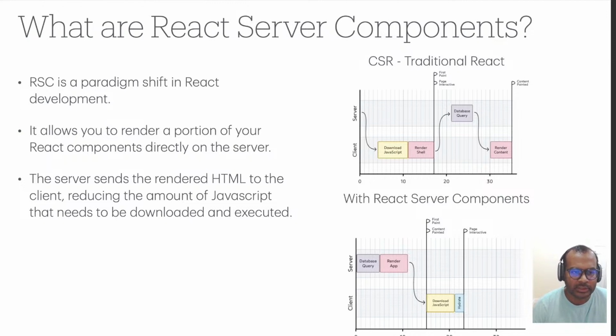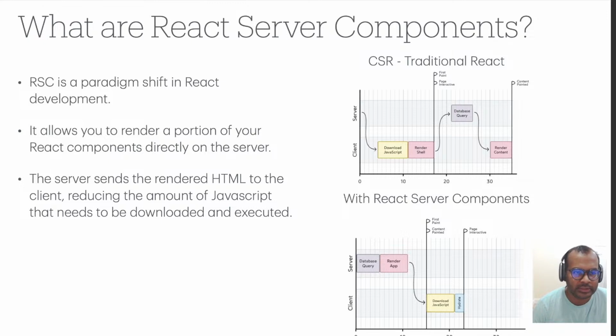While it seems like common sense that if you want to improve the performance of this page, you want to reduce the number of API calls that are being made to the server, React Server Components does exactly that. With React Server Components, the entire application is first rendered on the server. It figures out whatever extra API calls need to be made to render this page, the final HTML is generated on the server, and it is sent to the client in the form of streams.